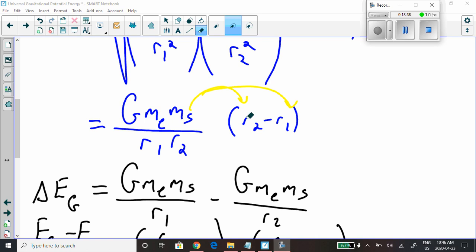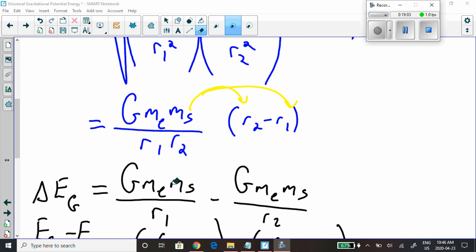So when you multiply this into the R2, the R2's cancel. You're just left with an R1, and there's the term. When you multiply into here, you've got a negative sign, so you've got to keep the negative sign. But you multiply the R1 times this, the R1 cancels, and you're left with an R2. So you're now left with this.